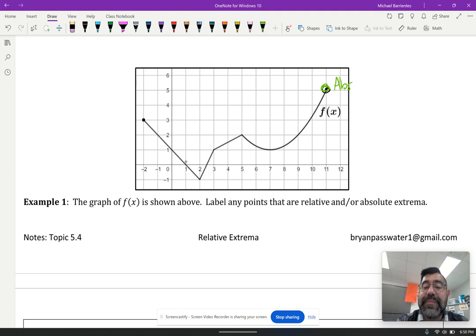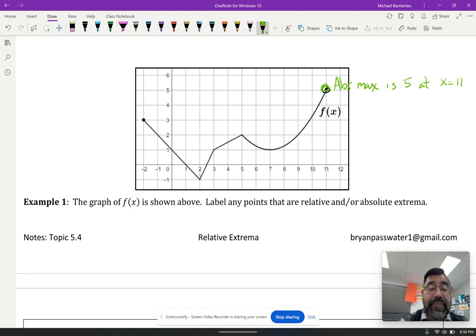I would say the absolute max is 5 at x equals 11. What am I doing? I'm stressing the fact that the absolute maximum is a y value. It's an output. It's a function value. And that we can also tell where it occurs. So there's only one absolute max. There's only one highest point, one highest value, and the highest value is 5, and it occurs at 11.